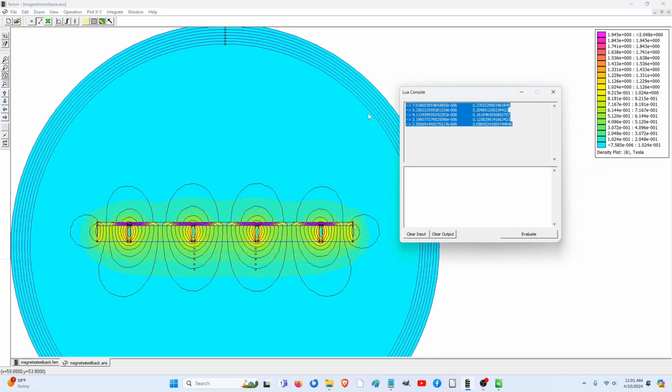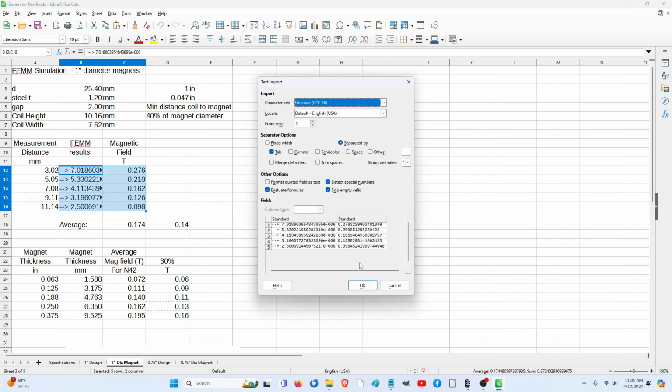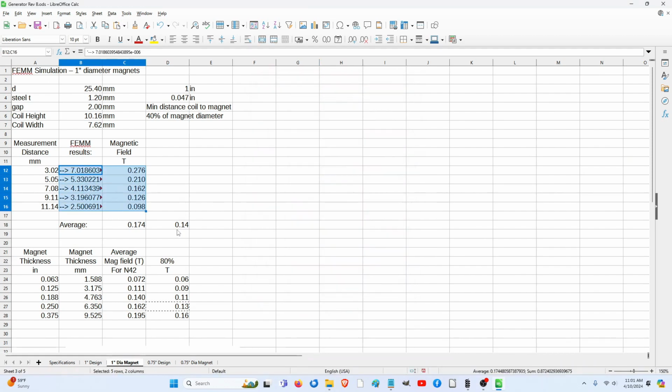I can just take those results, copy it, and plunk it into my spreadsheet. I had already done this before, and then you can get an average magnetic field. And then I just discounted it by about 80%. That's kind of arbitrary. I just wanted to have a little bit of safety factor.